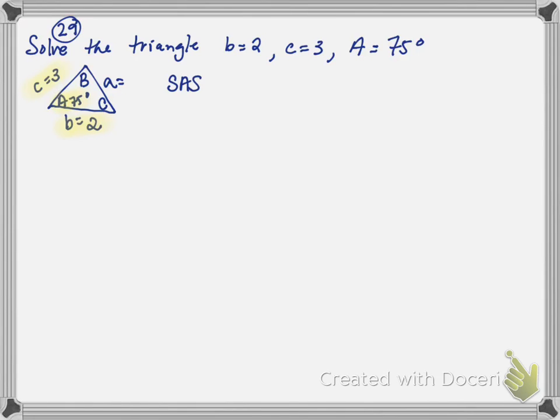So being that it's a side, angle, side triangle, we're going to use law of cosines. There are 3 laws of cosines, so depending on what you're given is what you're going to write down.